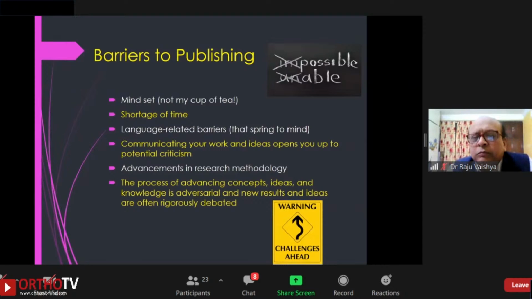But also, there are advancements in research methodology, so simple research or basic research is not getting published so easily these days in the journal, and more complex research like RCTs and meta-analysis are more commonly published.